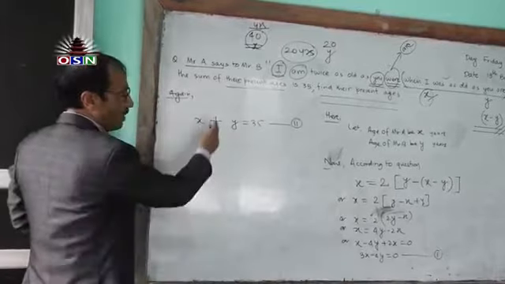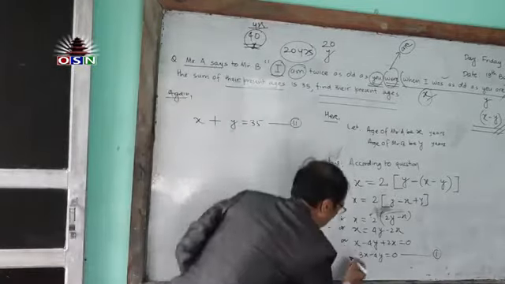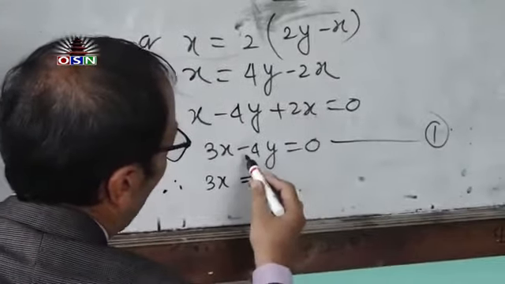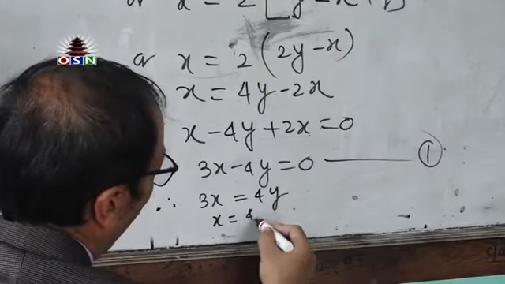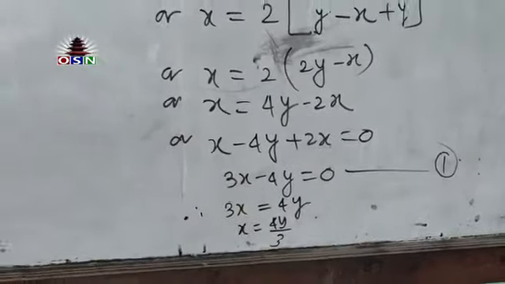We have different methods to solve the equations. So here the substitution method can be better. So here 3x is equal to 4y, and x equal to 4y upon 3. So where is x? There you can place 4y over 3.